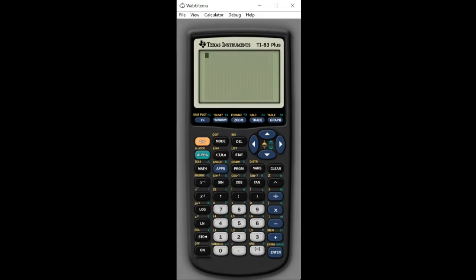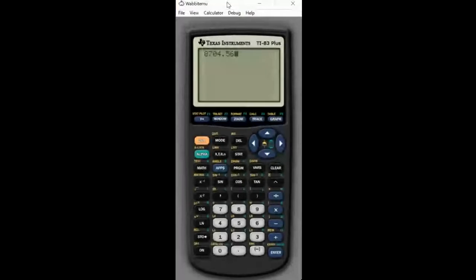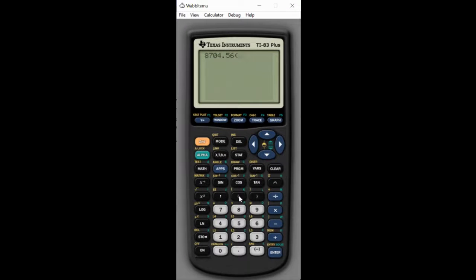Okay, and so what I'm going to do is type in the 8704.56, right? And then if you remember, after that we had some parentheses. So I'm going to put a parentheses, and I'm going to type in exactly what I had, which was 1 plus 0.06, that was being divided by 2. Close off my parentheses, and then that was being raised to the power of 14. Okay?